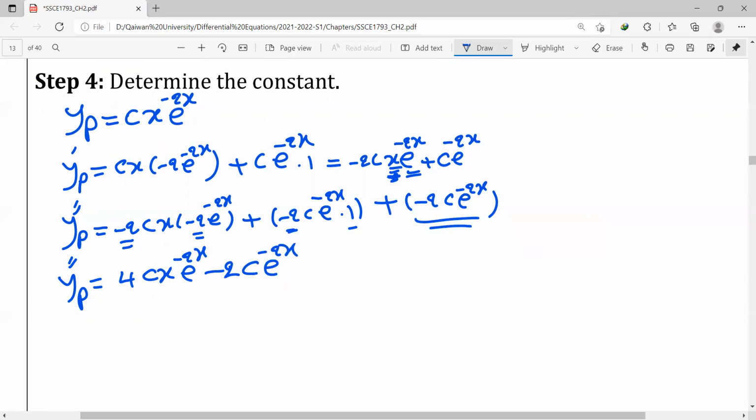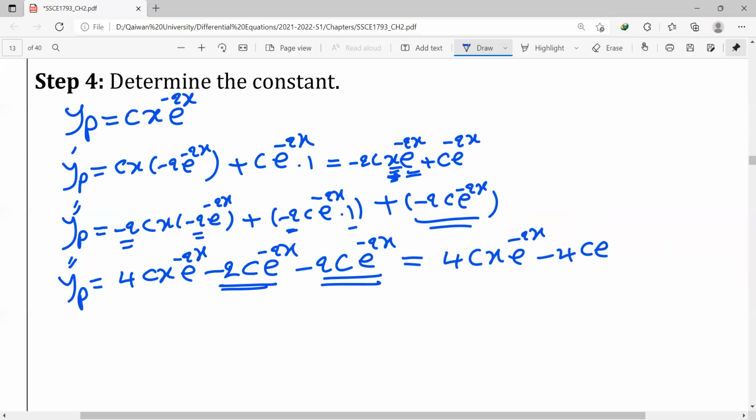Then here we have minus 2c e to the power minus 2x. These two are the same, we just add them. We get minus 4. We get 4cx e to the power minus 2x minus 4c e to the power minus 2x.